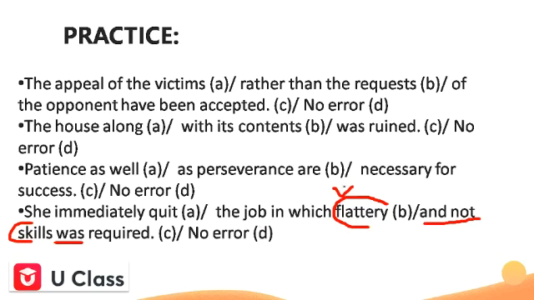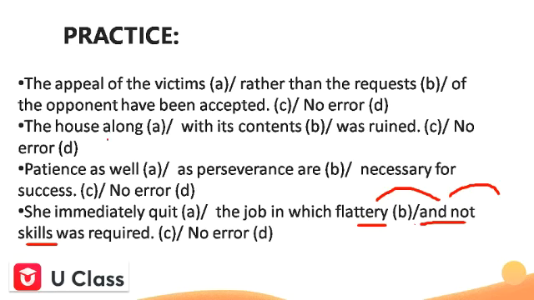The first subject of the subjects that the word is joining. Here, and not is the conjunction, and it is joining flattery and skills. It's quite simple. Always remember, wherever the conjunction is, before it and after it are the first and second subjects. Therefore, the first subject is the one before it.